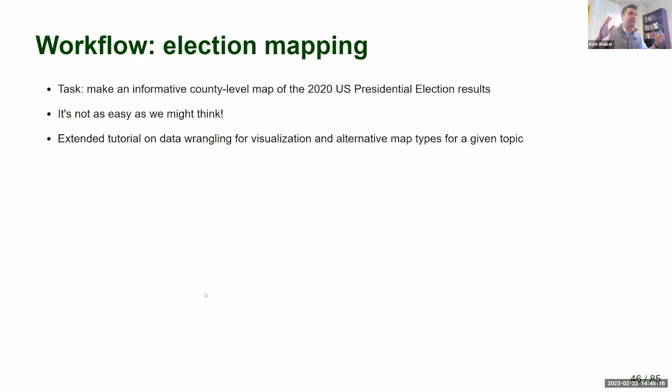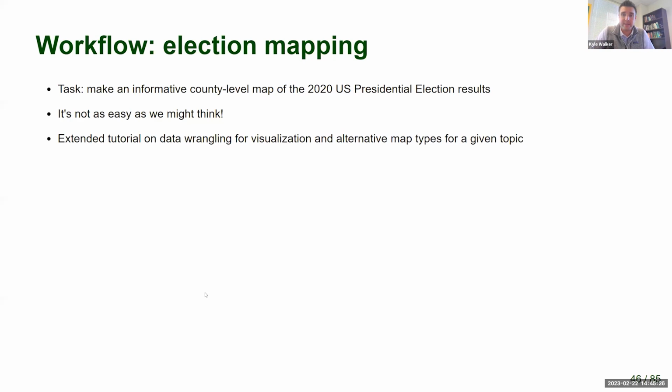In the next 15 minutes before the break, I want to walk you through another workflow where it gets more complex. And this is going to highlight some of the really interesting capabilities that not just pygris, but pandas and GeoPandas can do. And our workflow here is election mapping, a very common task that people want to accomplish when making maps, say at the state or the county level in the United States, is to map the results of elections.